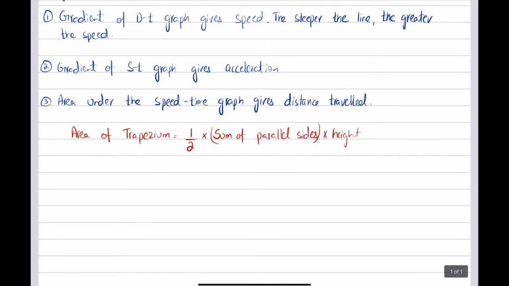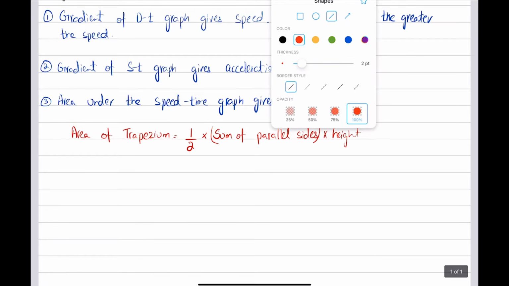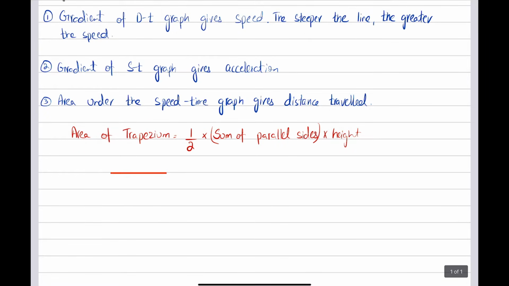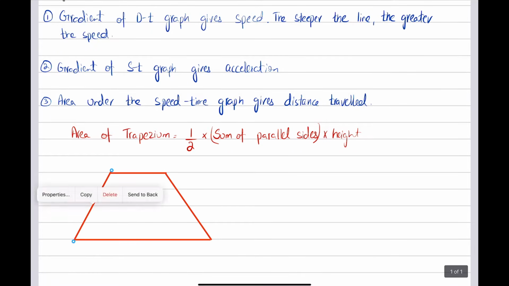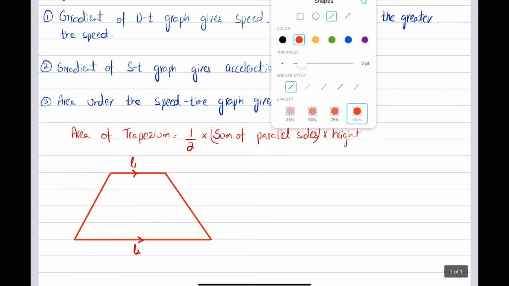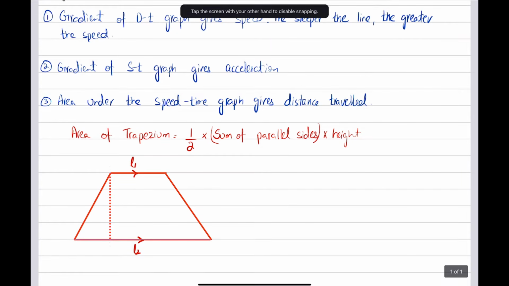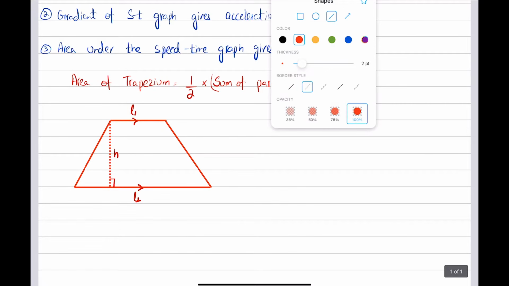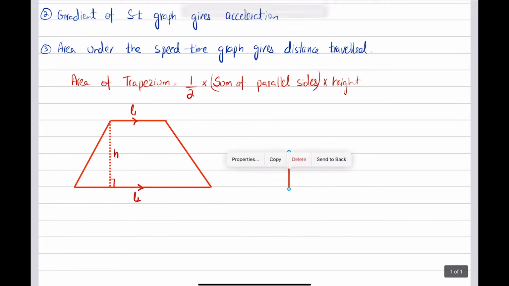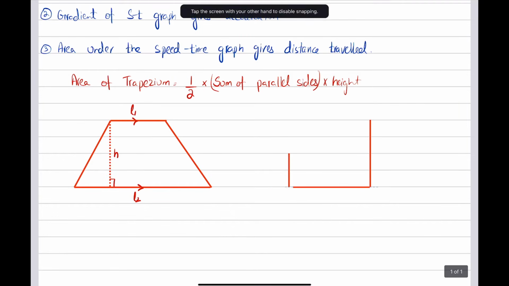Now you can encounter 2 types of trapeziums. One where the parallel sides are horizontal, for example you can have something like this. In that case, let's call this length 1, let's call this length 2, and the height is just the perpendicular distance across the 2 parallel sides. Or you can come across something like this where the parallel sides are vertical.